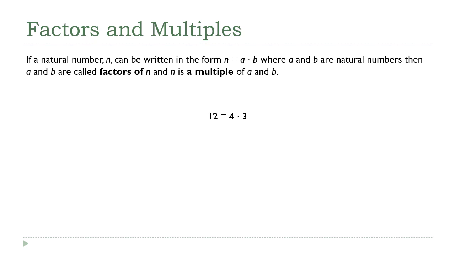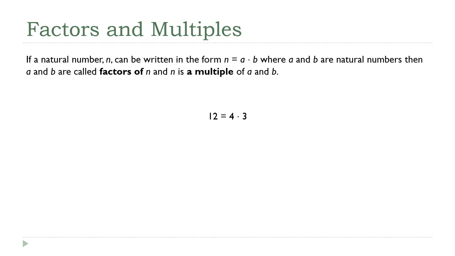So to keep those two straight in your head, the way I try to remember it is to get a multiple, you multiply. So multiples are always bigger than the original number. For example, 12 is a multiple of 3. It's also a multiple of 4. Factors, on the other hand, go in the other direction and are always smaller.